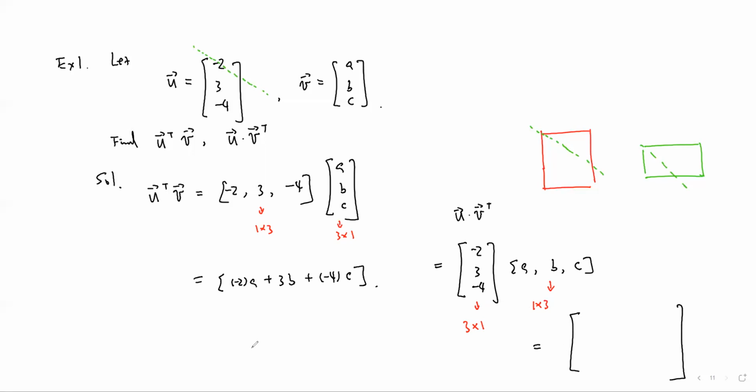The 1,1 entry is row 1 times column 1, so -2A. The 1,2 entry, row 1 times column 2, is -2B, and then -2C. Similarly for the 2,1 entry. So this vector times the transpose of V is a 3 by 3 matrix.